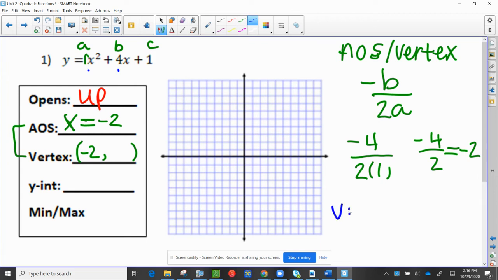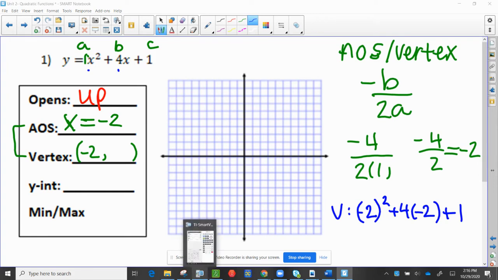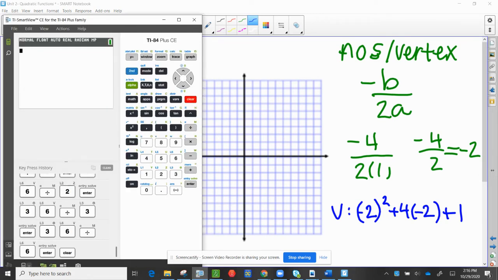So let me do that here on the side. We plug in negative 2 for x. So that's negative 2 squared plus 4 times negative 2 plus 1. We'd have to do the order of operations if we were doing it by hand, but let me show you how to type that in your calculator.